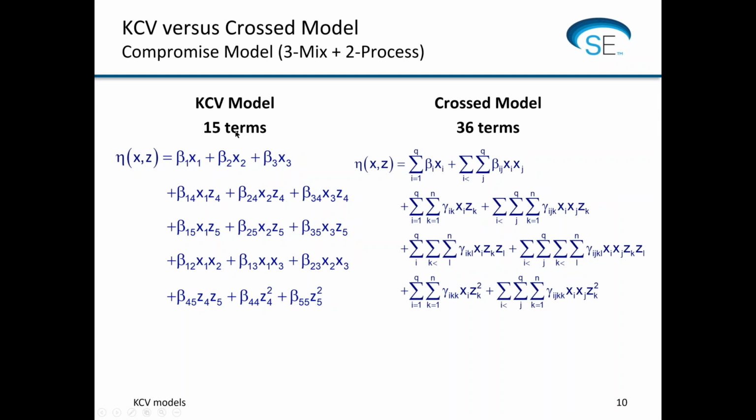So you can see that the KCV model, in terms of coefficients, is much closer to the additive model than it is to the cross model. So it gives us something that's going to be practical to run, but also gives us connection between the mixture and the process factors.